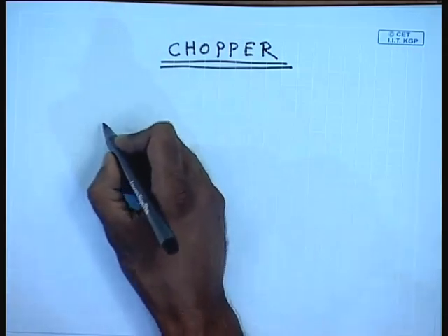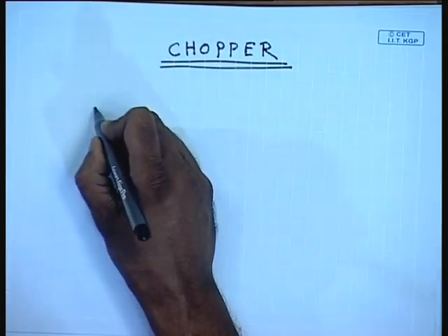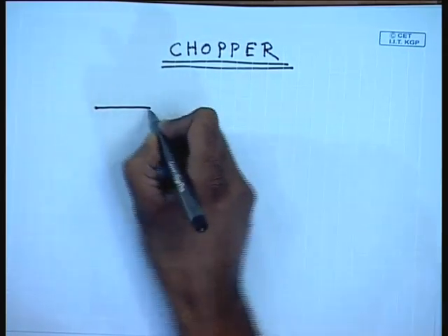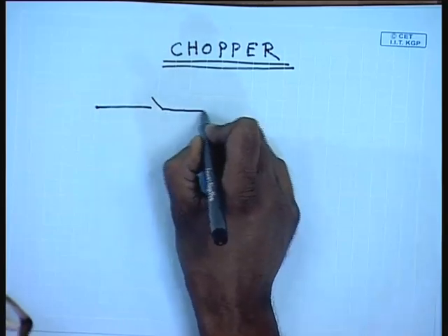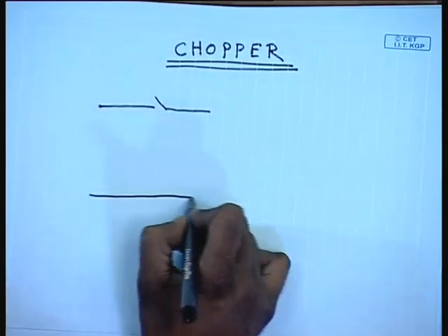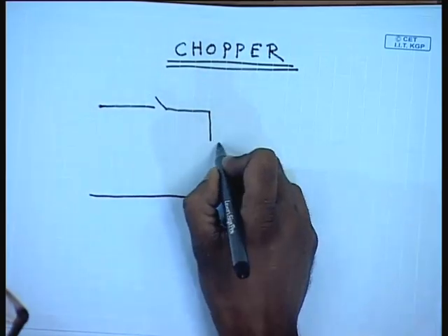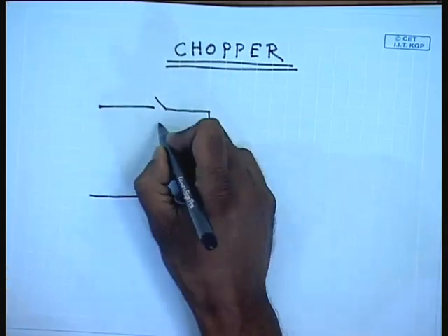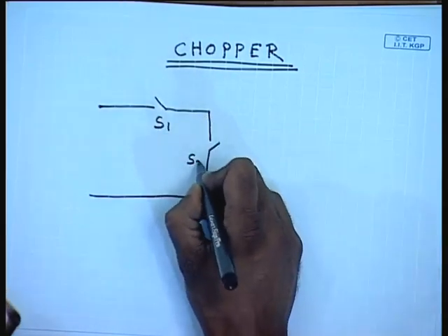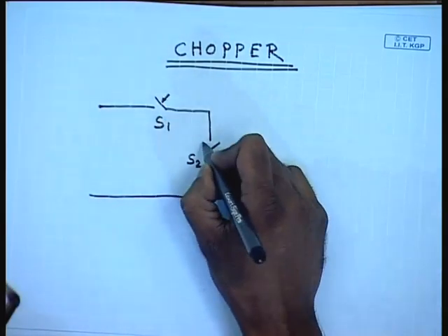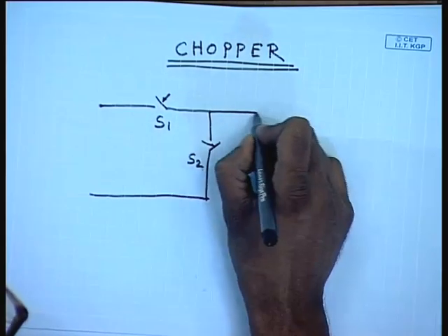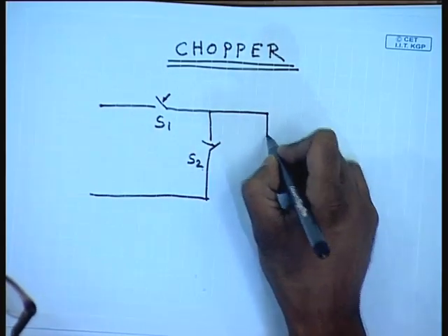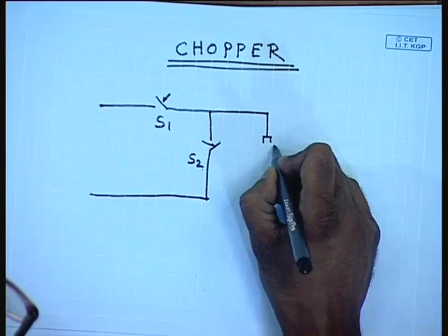The chopper circuit is very simple. You have one switch here, you have another switch here. These are control switches like a transistor, and then you have the DC machine.